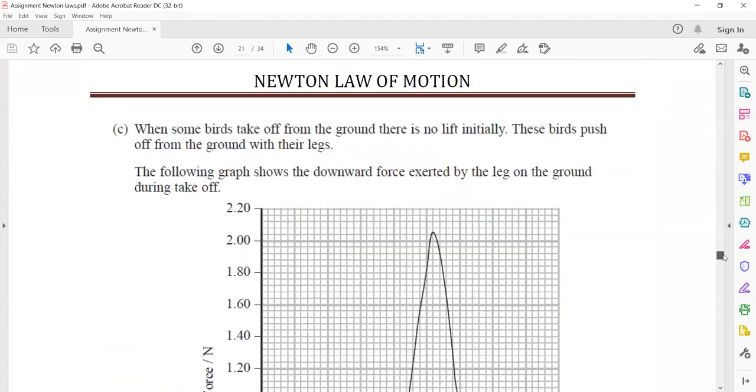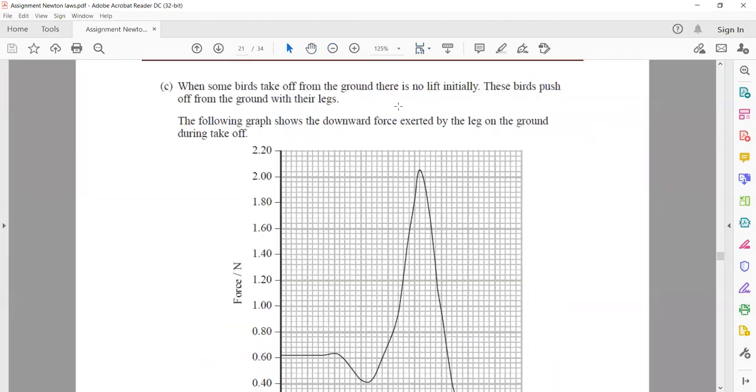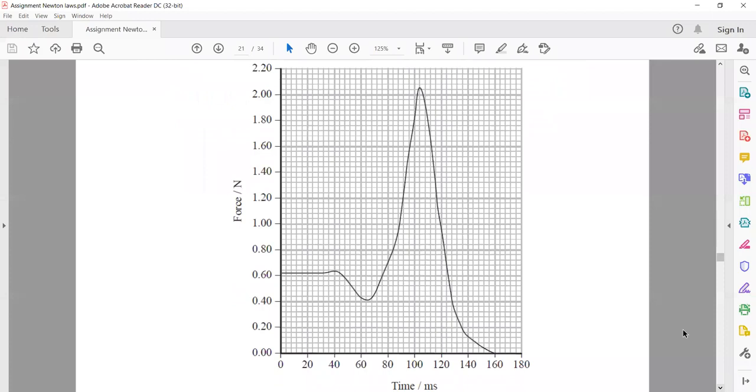In the next part, when some bird takes off from the ground, there is no lift initially. So these birds push off from the ground with their legs, as the graph shows. So basically what is happening, say this is the ground and there is a bird on the ground.